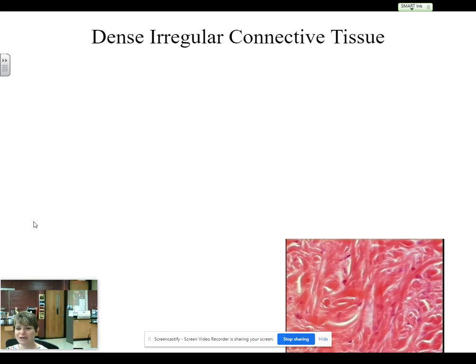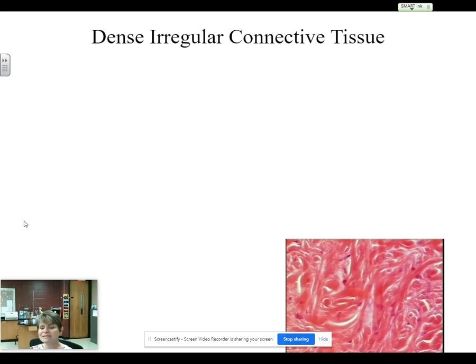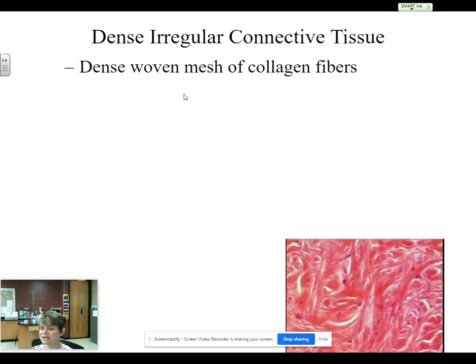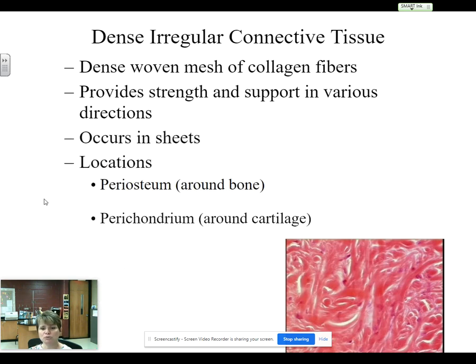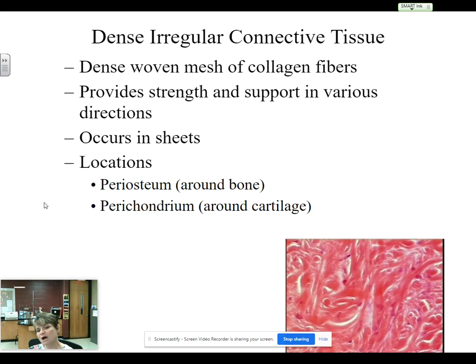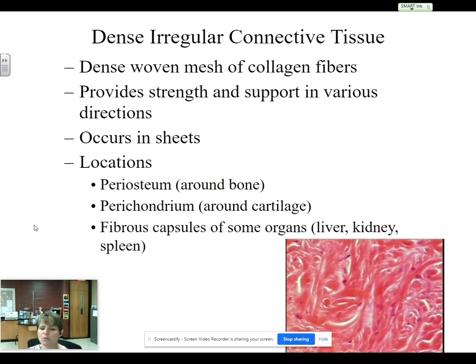Moving on, dense irregular connective tissue, again, does have lots of collagen fibers. The difference here is that the collagen fibers are not all running parallel to one another. They form a network, a woven mesh, which gives strength in many directions. So strength and support in various directions, and it's going to be found around your bone, in what's called the periosteum, around cartilage, in what's called the perichondrium, and also around some organs.